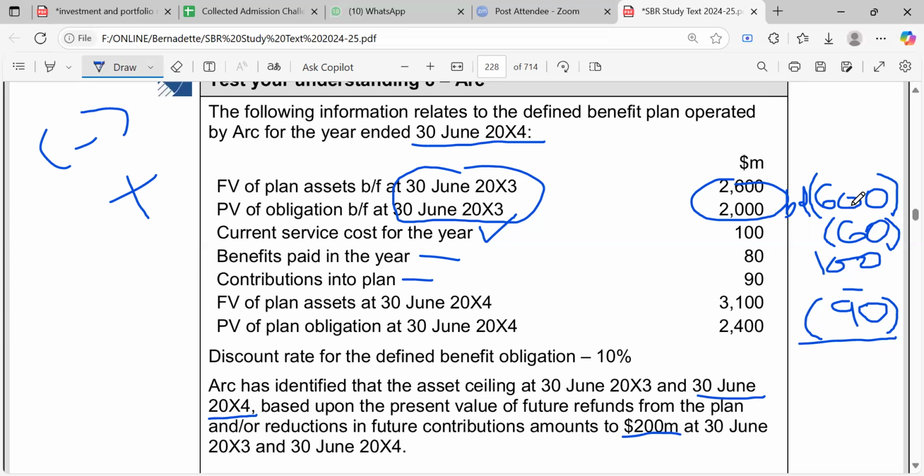Yes. So you have to make the adjustment. But after making the adjustment and you come to the final figure here, you also have to compare again at the end. The plan asset is 3100, and the obligation is 2400. The difference is 700, again, right?